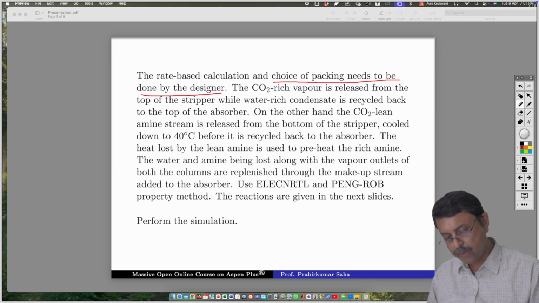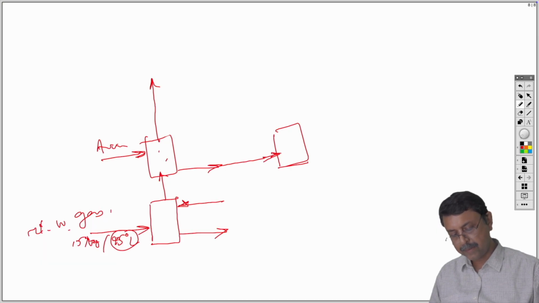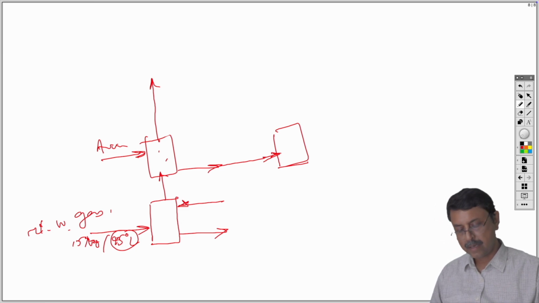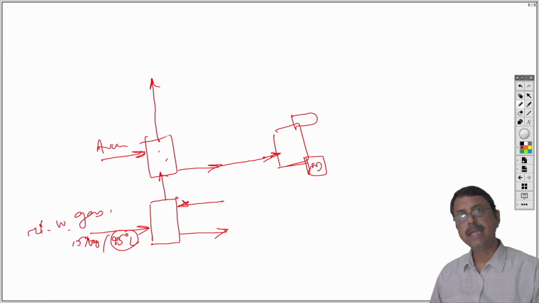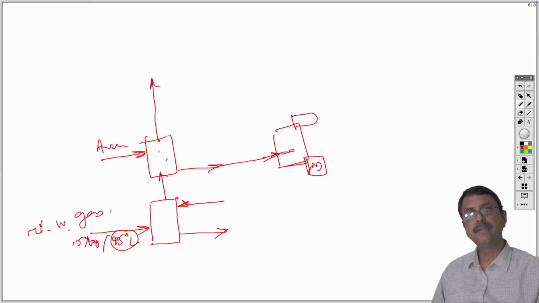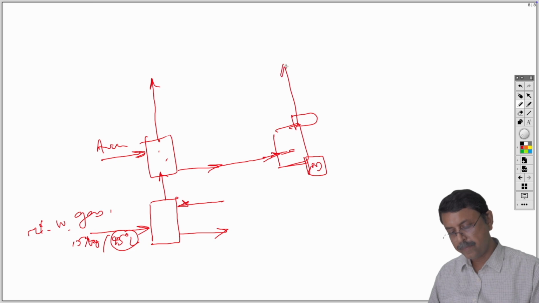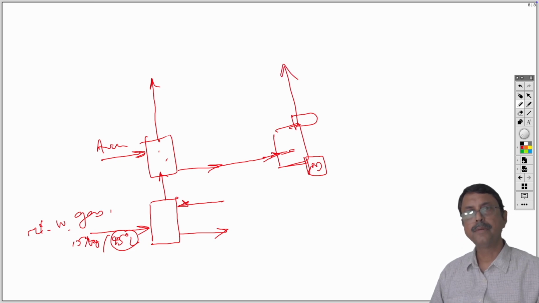Now the CO2 rich vapor is released from the top of the stripper while water rich condensate is recycled back to the top of the absorber. So what happens? Once this is fed into the stripper, there will be a reboiler over here and a condenser over here. The reboiler will provide heat, and as a result the CO2 will be released from the top.